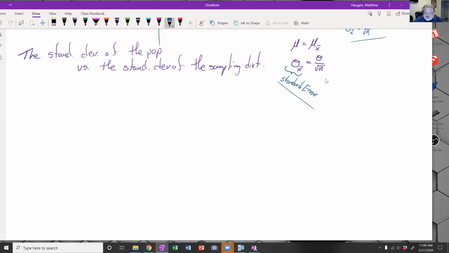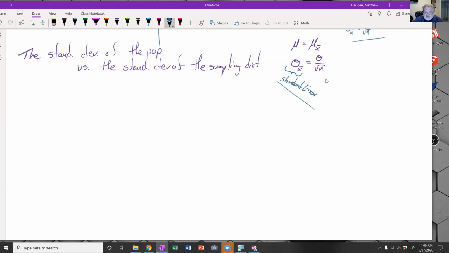It's still describing an amount of variance. Remember, deviation was how much our points or how much our data deviated from the mean. This standard deviation for the sampling distribution is doing the same thing. How far off from the true mean were these sample means? How much error was there in the sampling?